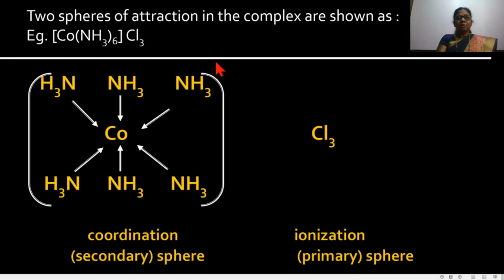In this way, we observe which groups are present in the primary valencies and which in the secondary valencies. In this way, Werner theory gives the 4 postulates.